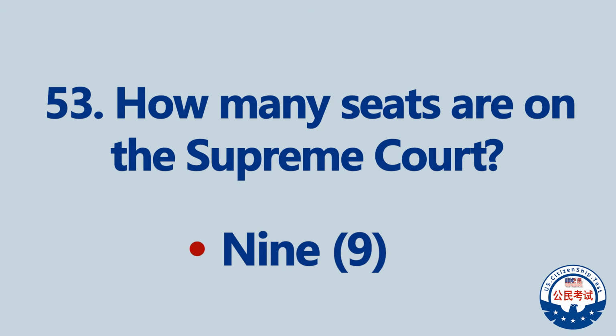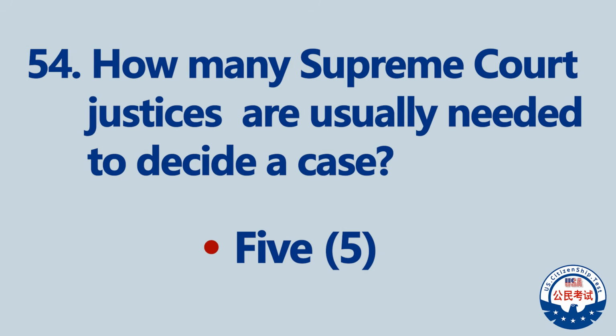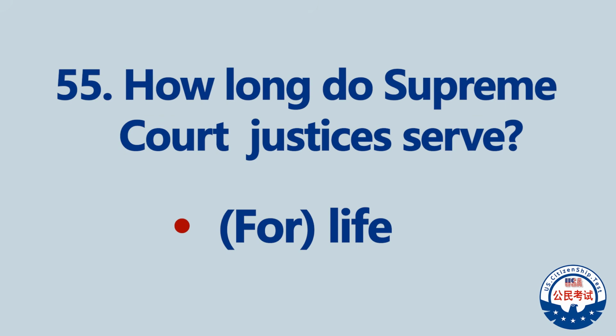How many seats are on the Supreme Court? 9. How many Supreme Court justices are usually needed to decide a case? 5. How long do Supreme Court justices serve? For life.